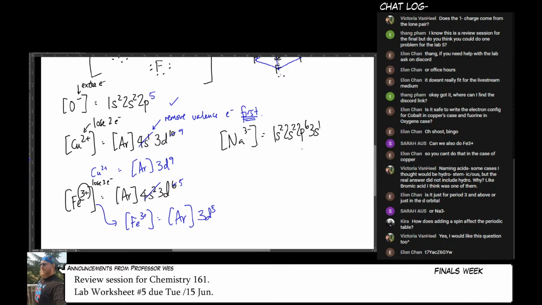So there's the original electron configuration for sodium. Now I got to add 3. And so I'll just add them here. Well, I can add 1 like that. Actually, hold on again. Different colors. So there we go. I can do that, and then I have to add 2 more, so I would do this.